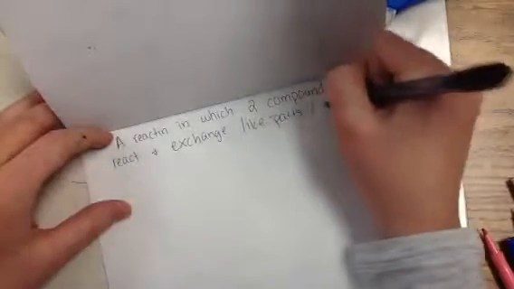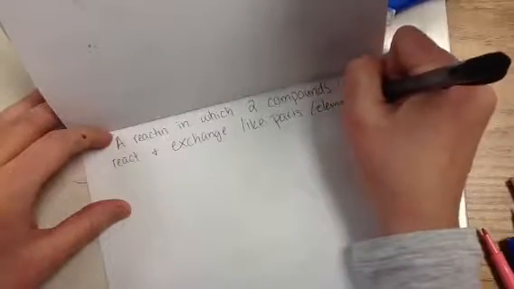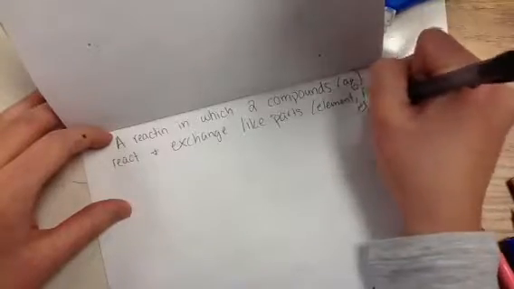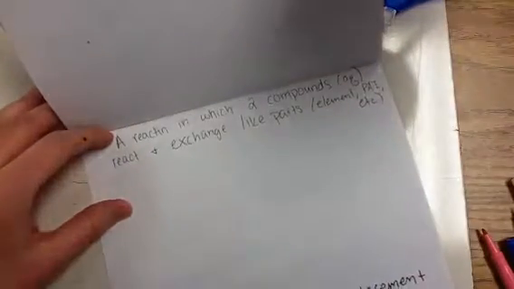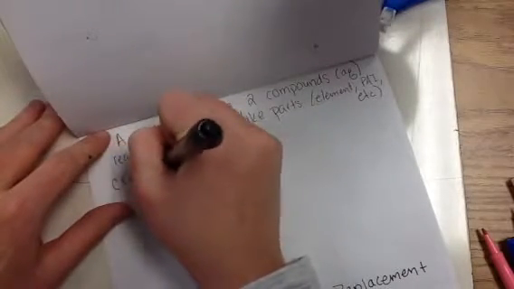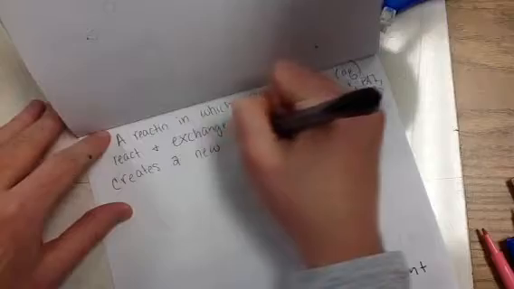These like parts can be elements, or they can be polyatomic ions, etc. It doesn't particularly matter as long as they're the same charge. And this always creates two new compounds.